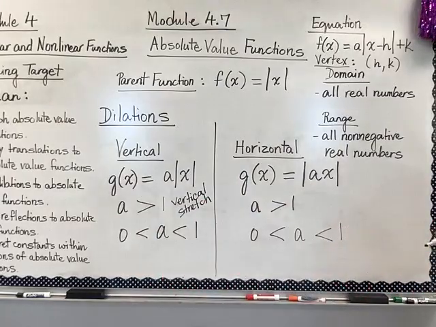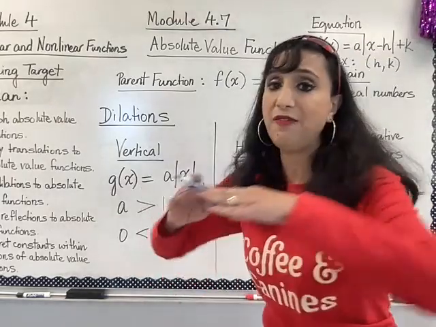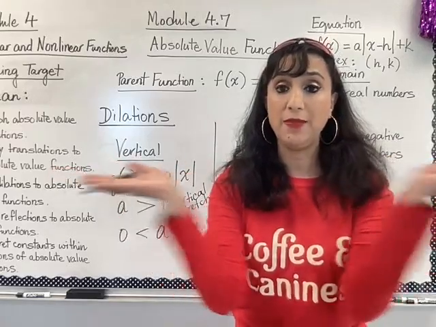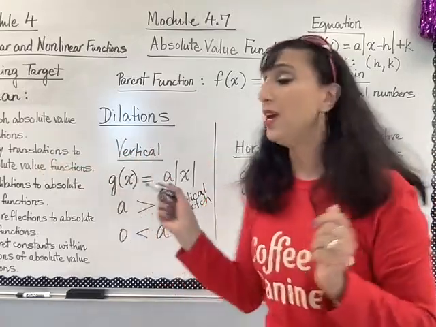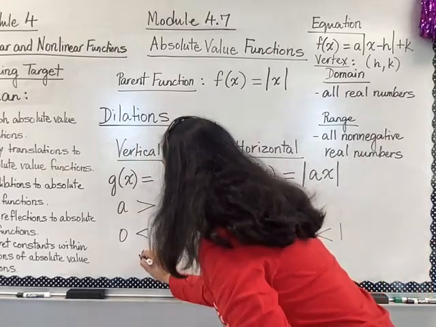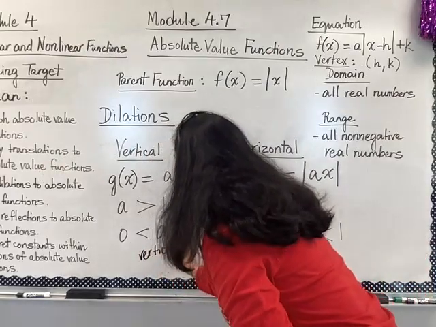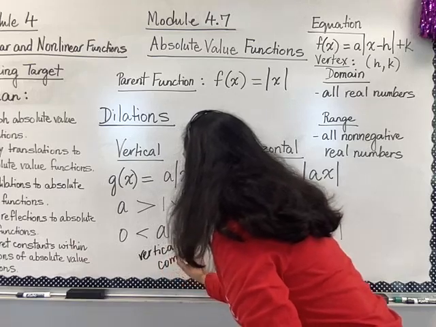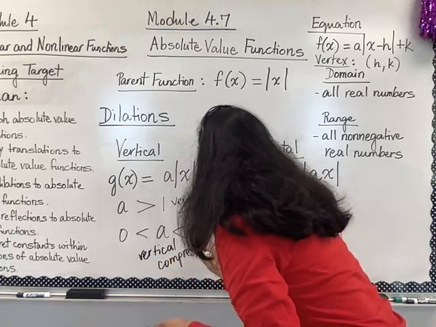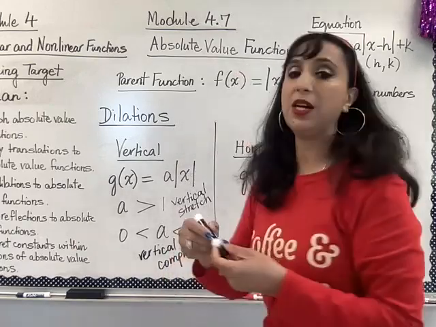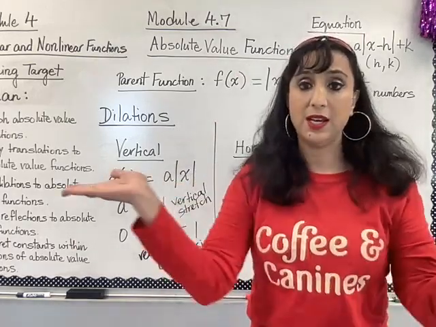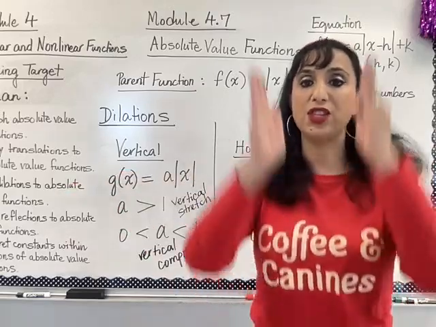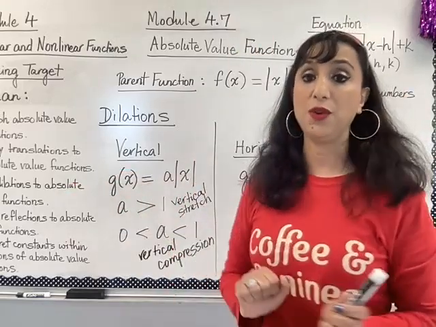So in this case, your graph is going to be less steep. That is why this is a vertical compression. It's being compressed down, so it is flatter compared to how steep the vertical stretch would be.